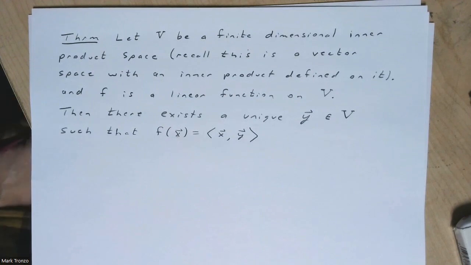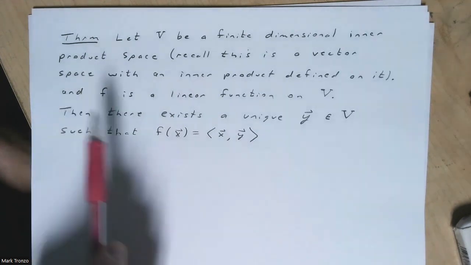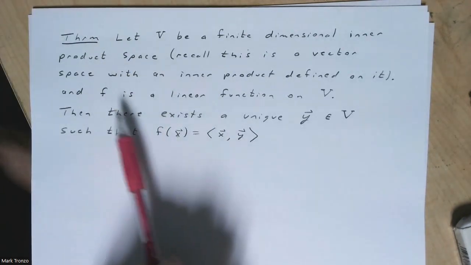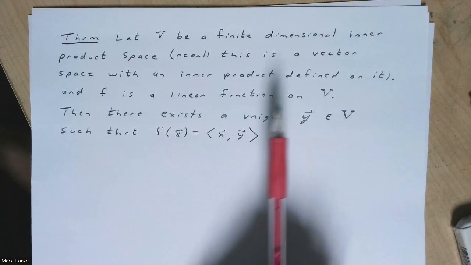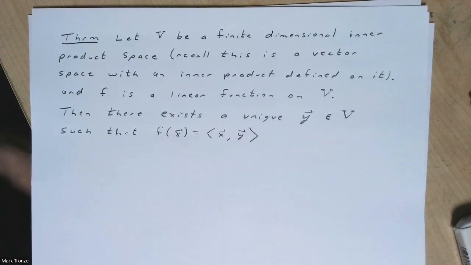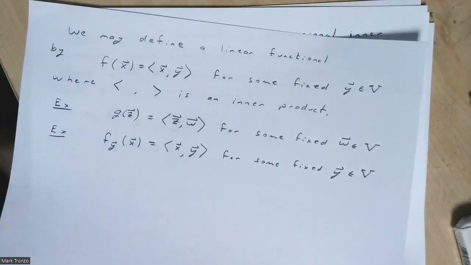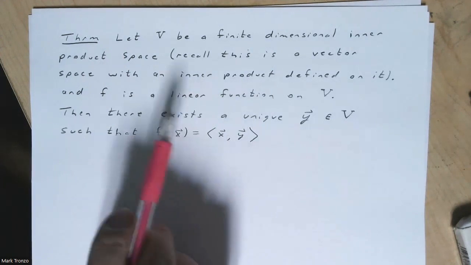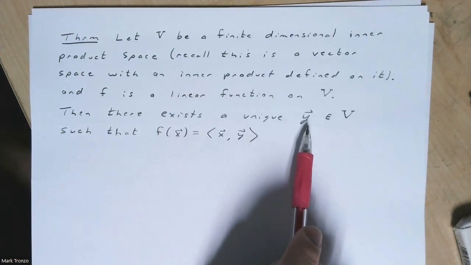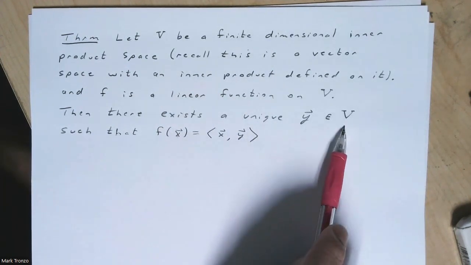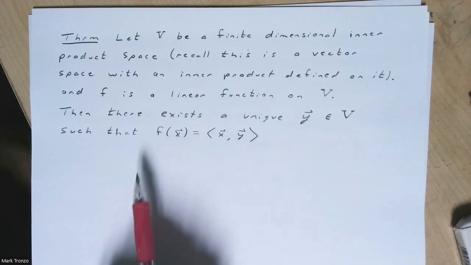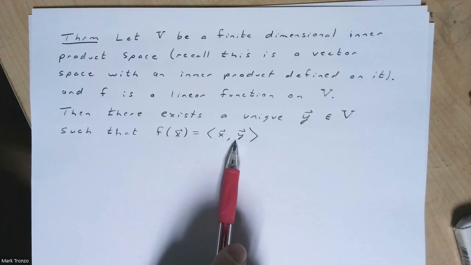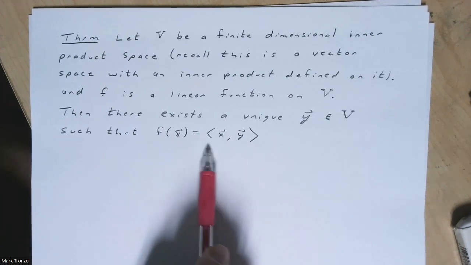So the idea is, you have some linear functional, just defined somewhere else. It's a linear functional on V. You can turn it into the type of linear functional we've defined just a minute ago. In other words, if you have a linear functional, you can always find a unique vector y in V such that you can define the linear functional this way, x comma y, with this inner product.